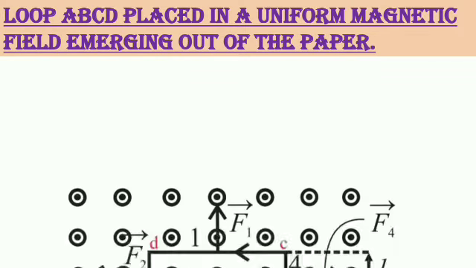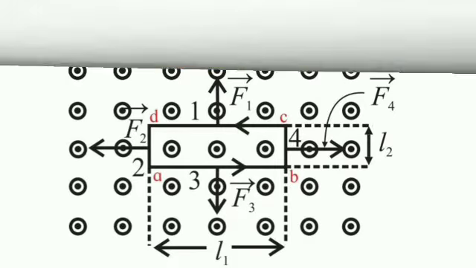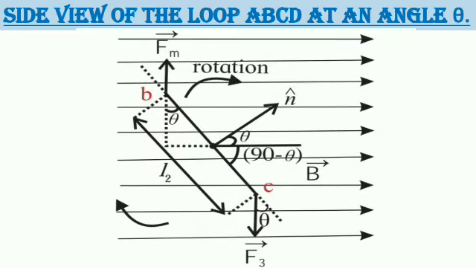For this purpose, we have to consider a loop ABCD placed in a uniform magnetic field emerging out of the paper. So this is the diagram of the same. Now the side view of the loop ABCD at an angle theta.